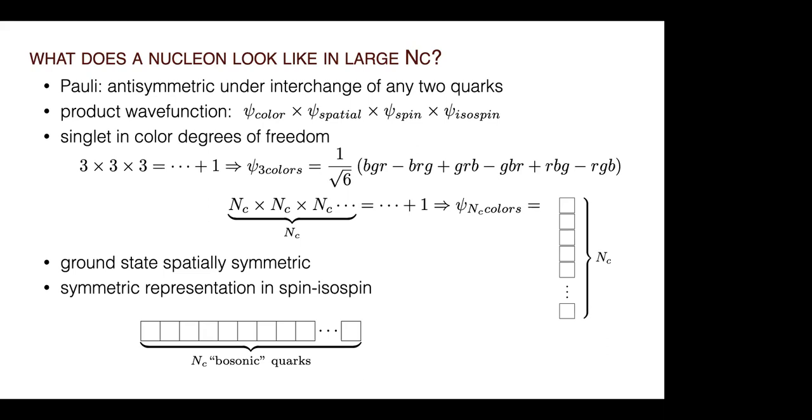That's important for the ability to reduce the number of operators to be dealt with. And so that's just dictated here by this row of bosonic quarks. So that's what we need to accomplish.